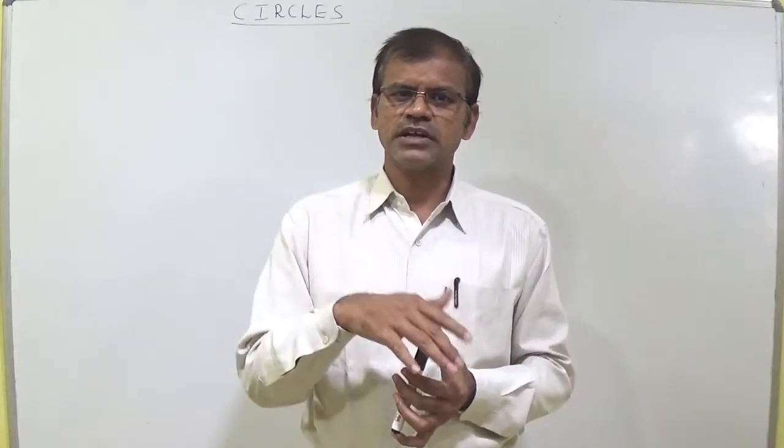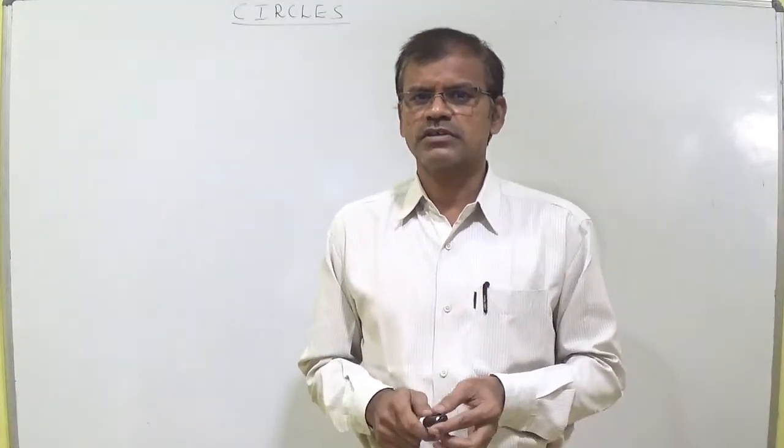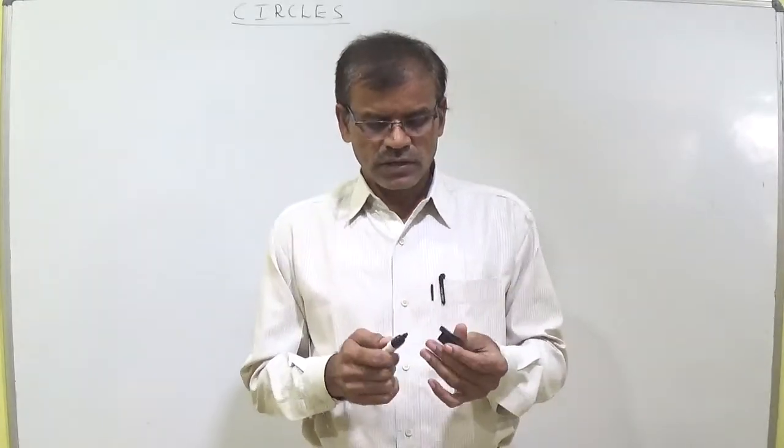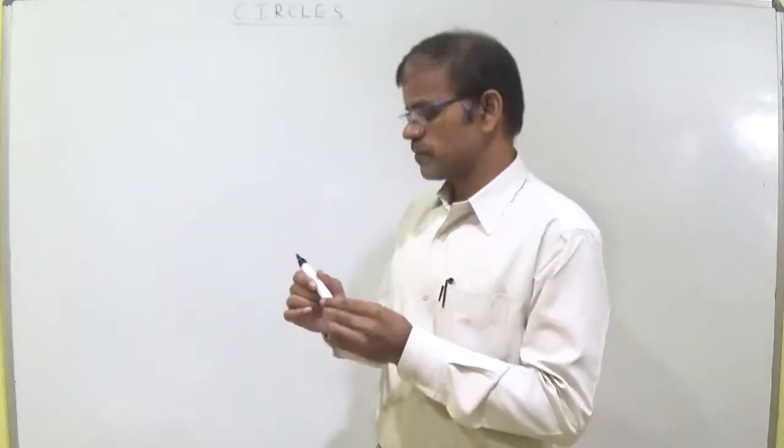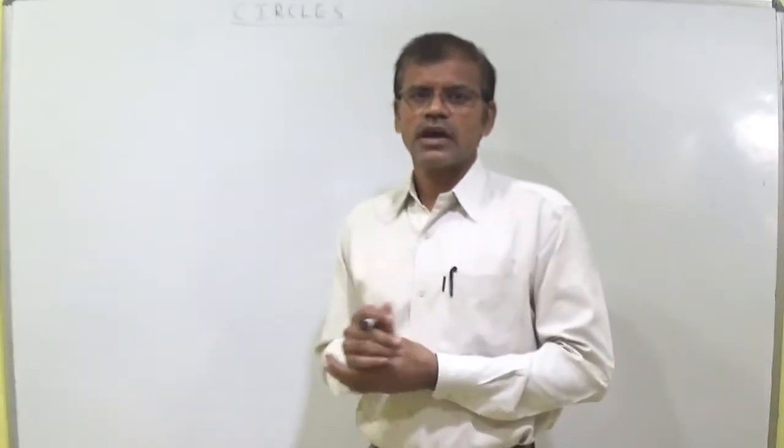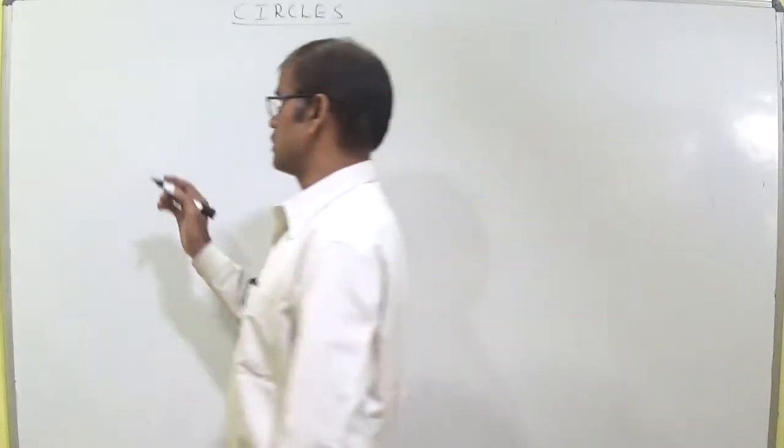Whenever center and radius are given, forming an equation of circle we have learnt. Today we want to discuss with you the equation of circle having end points of diameter.